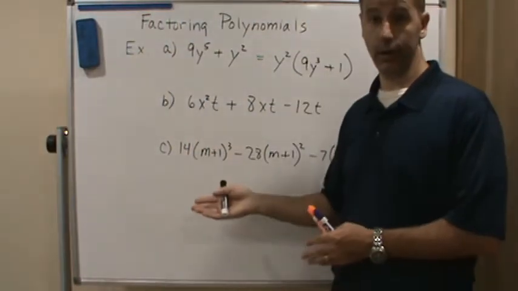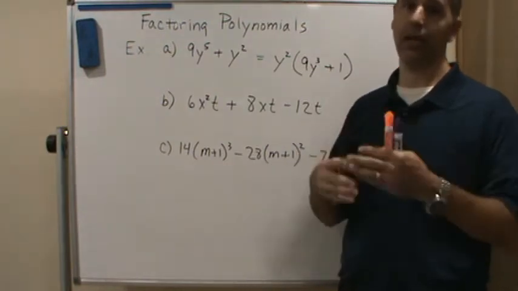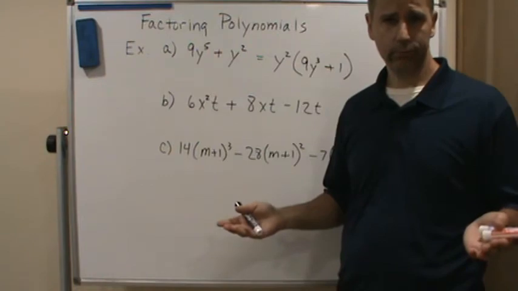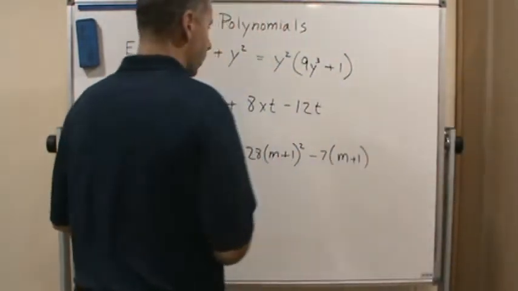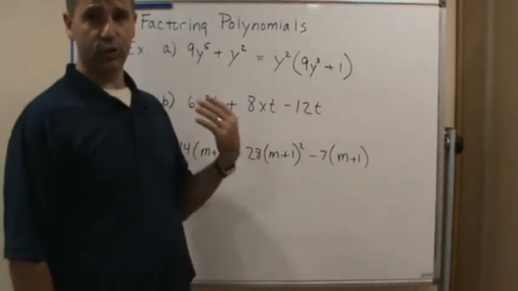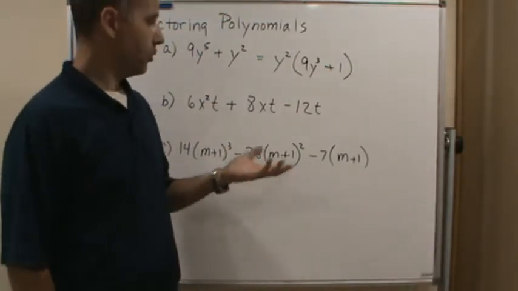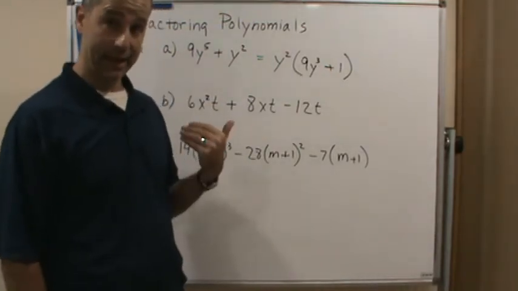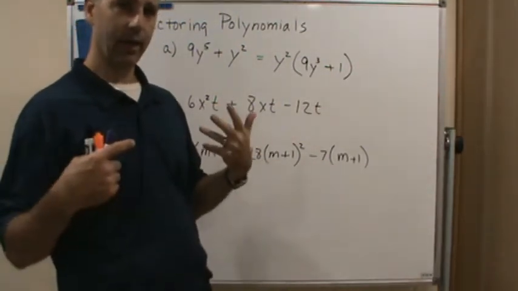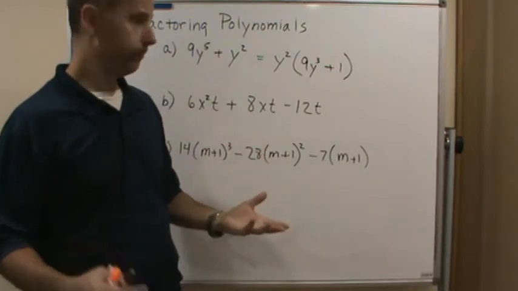Now, if you're ever in doubt, or if you want to check, which I highly recommend, check your work to make sure you're doing it right. Don't just get an answer and move on, because you might be doing it wrong. So what would you do? Well, remember, factoring is using the distributive property in reverse. So go the other direction and see if I get back to where I started.